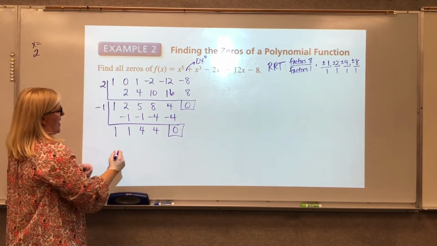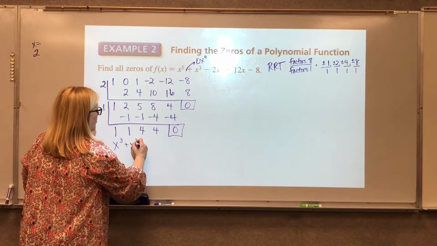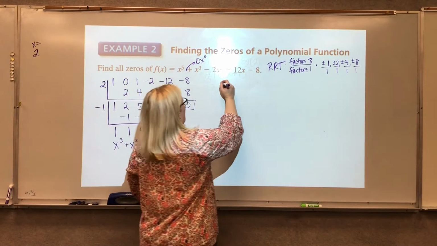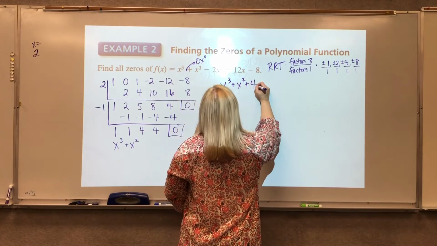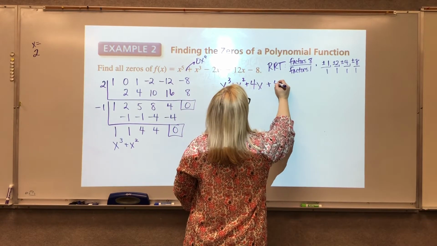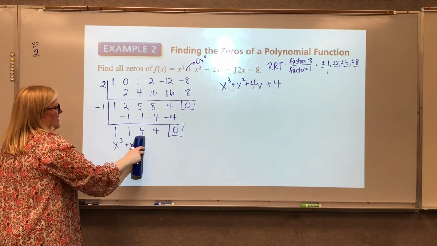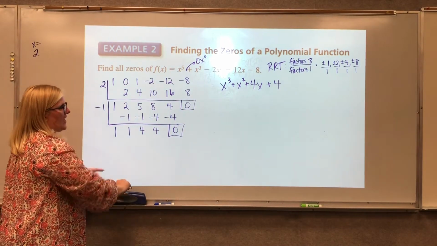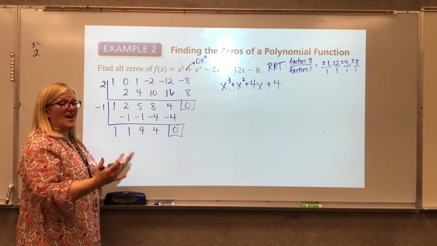So now I have x to the 3rd plus x squared, actually I'm going to write it over here, x to the 3rd plus x squared plus 4x plus 4. Now, if I can't factor this, then I would need to do synthetic division again.